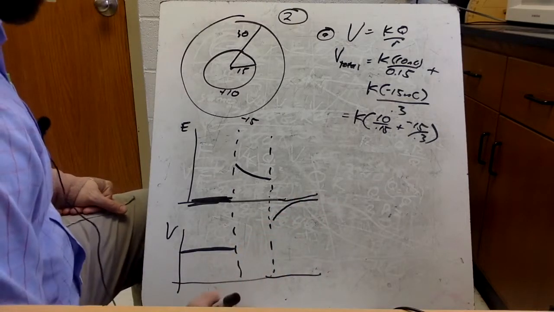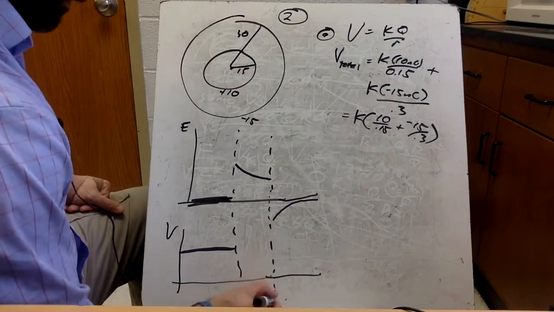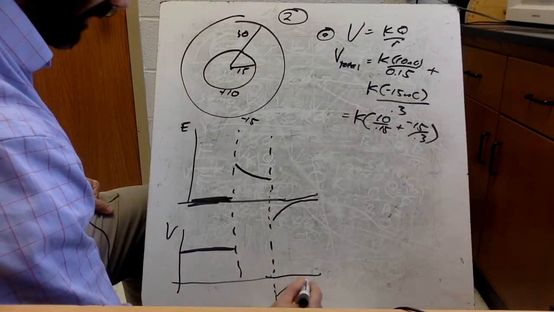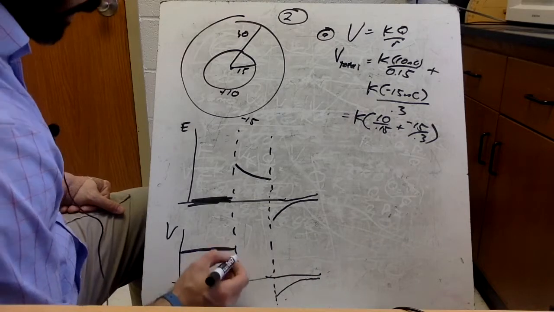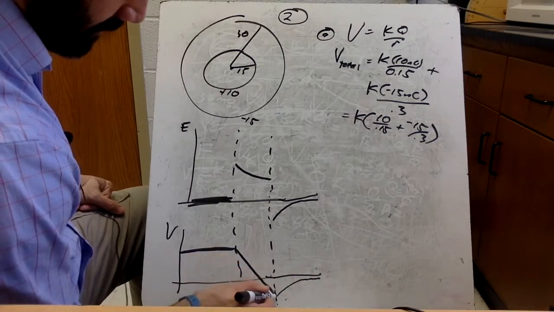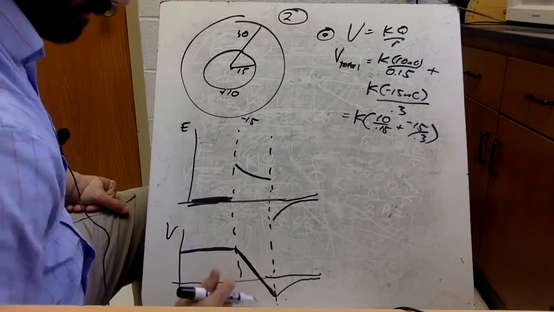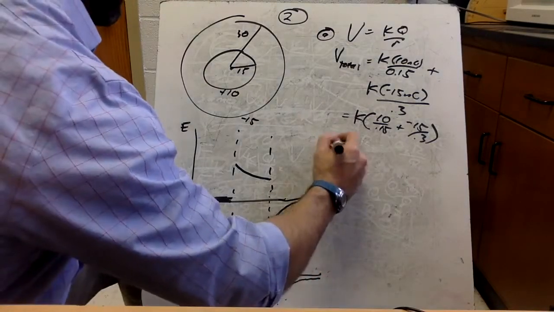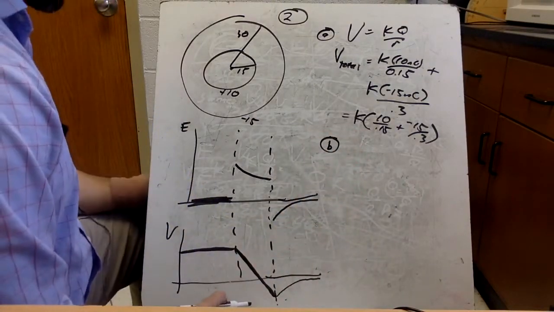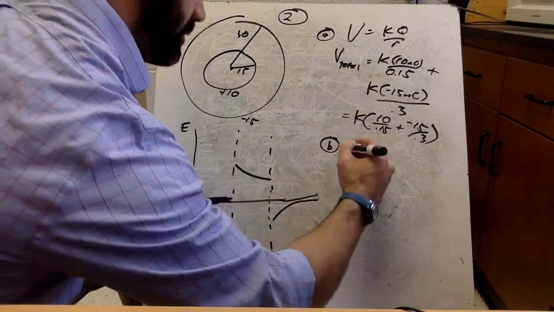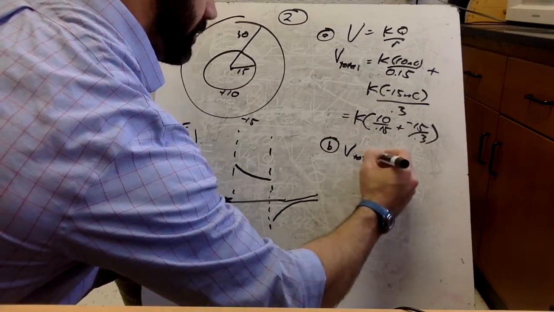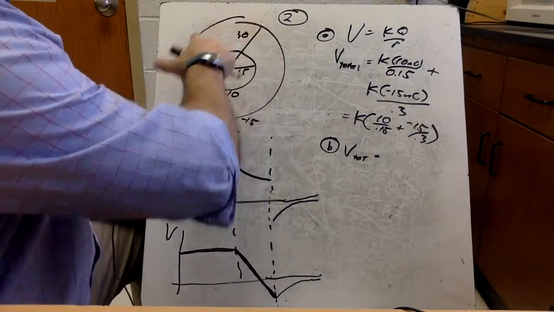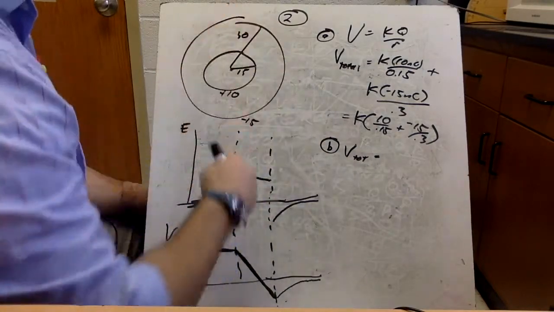Okay, so what does that look like for the voltage then? Well, being outside, that's 1 over R, and it's negative, so it's going to look like this. Then inside, it's going to do something like that. It's going to go down as a result. So let's take a look at this inner part in terms of V total. The voltage due to this outer one is constant, right?